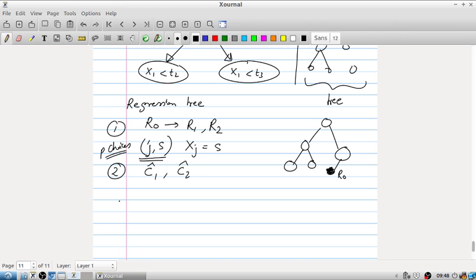So let me focus on the first step, which is the critical part: choosing the j comma s. So j varies from 1 to p, and s is a real number. Let's consider s to be a real number, and it basically should belong to the range of that particular input variable.